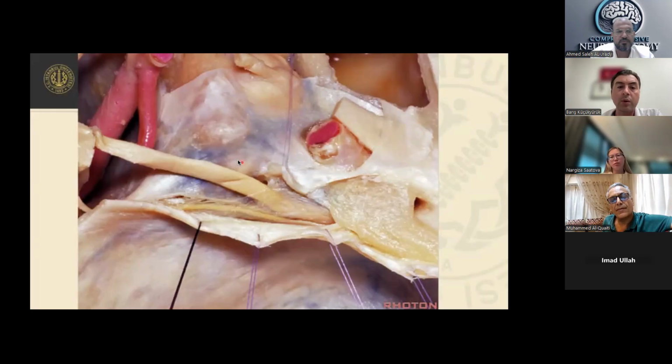The second one is the posterior petroclinoidal fold, which is extending from the posterior clinoid process to the petrous apex. And the third one extends between the posterior clinoid process and the anterior clinoid process, which is referred to as the interclinoidal dural fold.